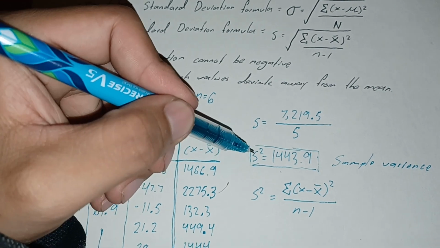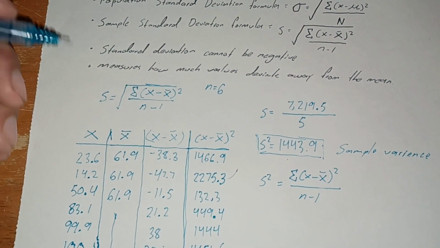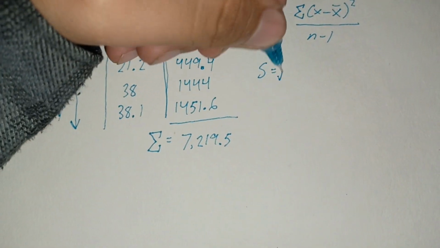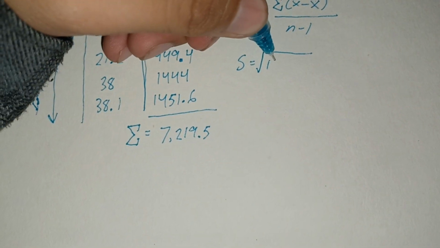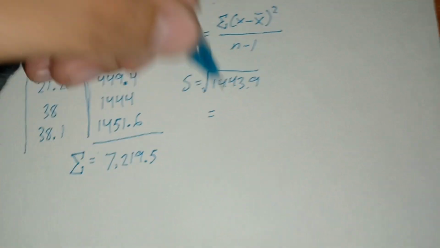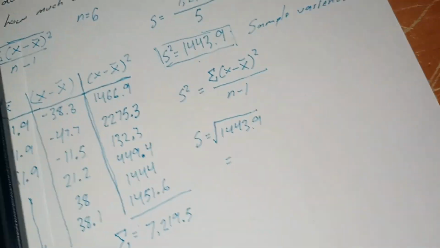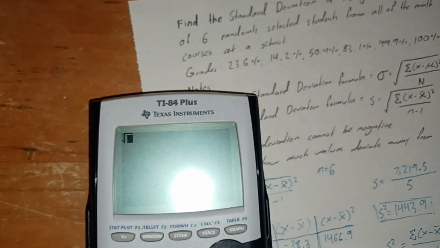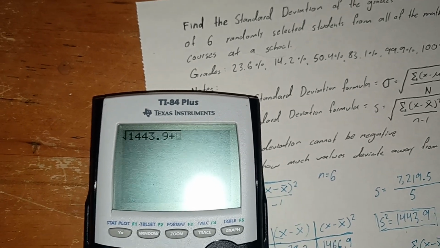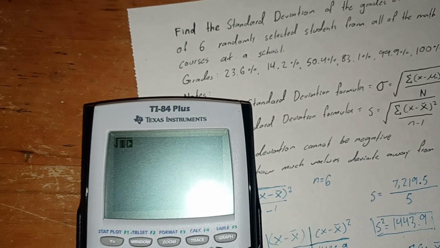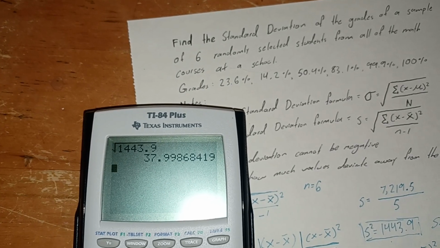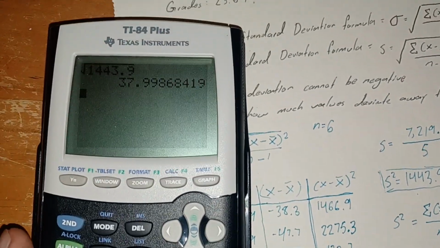Let us take the square root right now to find our sample standard deviation. So sample standard deviation is S equals the square root of 1,443.9. Let's plug that into our calculator. Square root of 1443.9 is 37.9.